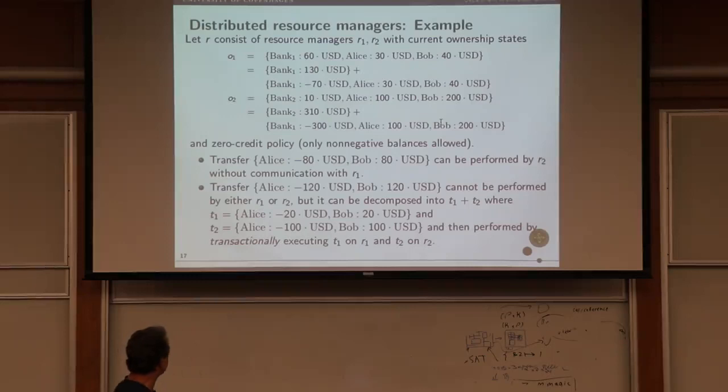So you will ask both of them: can you execute it? And if both of them can execute it, then we'll say, okay, please execute them. And then we have a guarantee, and then we have a commit, and know that the update of both R1, R2 is such that the $120 collectively have been deducted. Great.